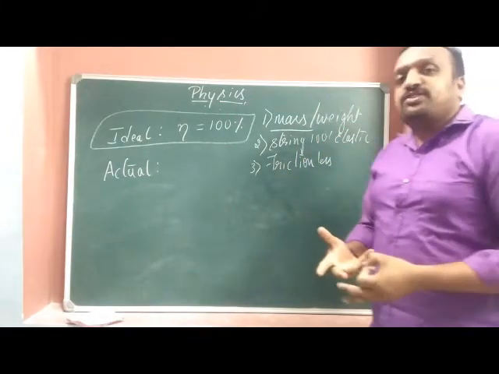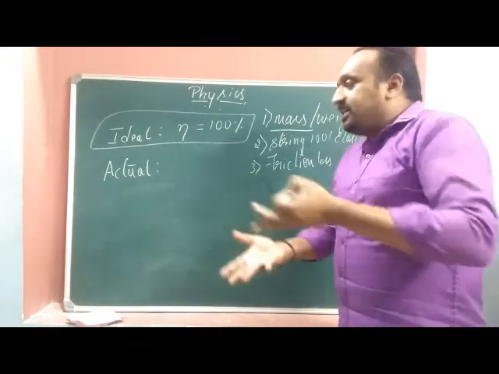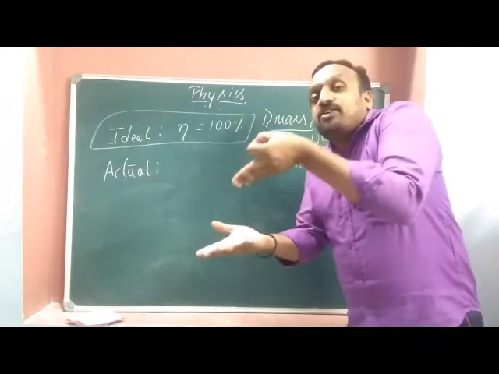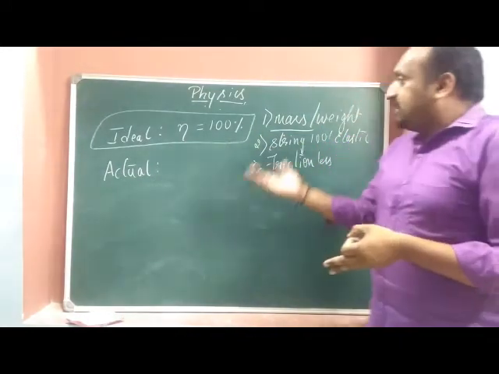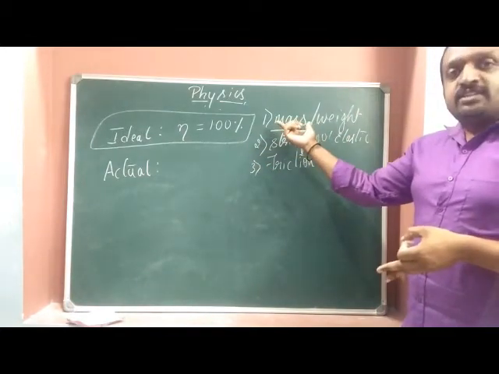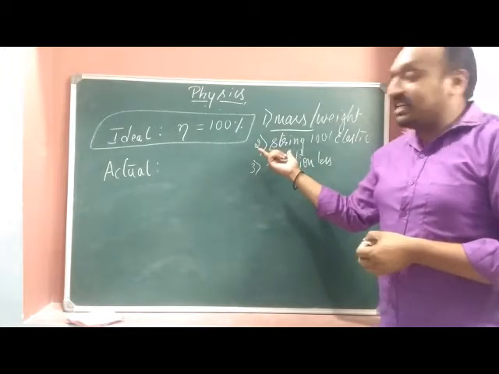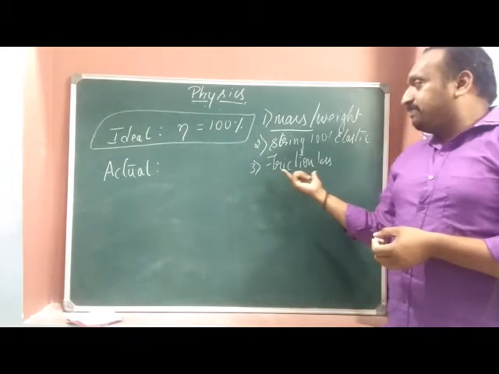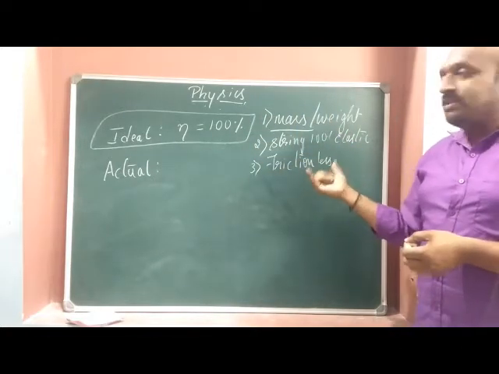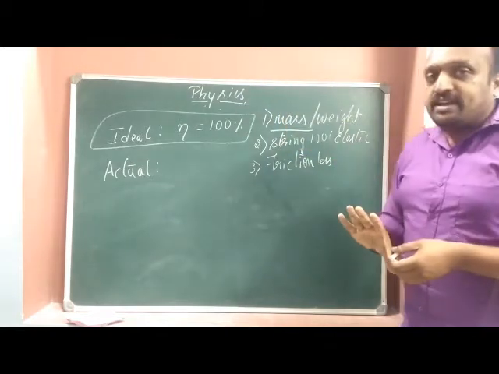That is what we used to learn, expectation versus reality. While we come to the concept of reality, we know there is mass or weight, and the string is not 100% elastic, and there is friction. So, very clear, this cannot be possible in real life.